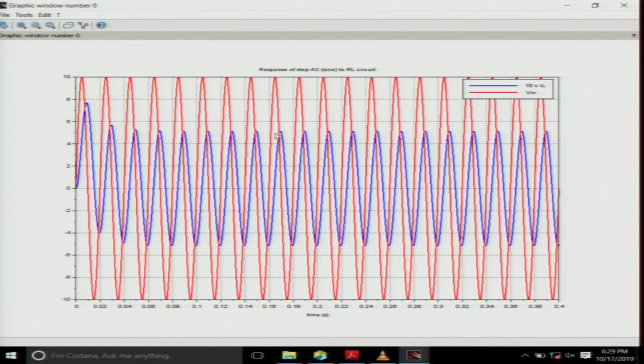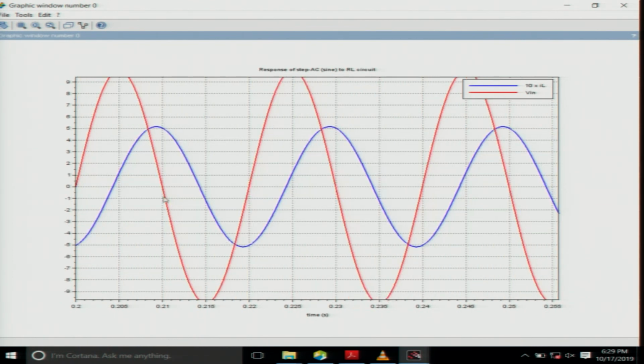Now, we did not note down what the lag is, but can we do that roughly? Can we just find out how much this lag is? Not exactly, but at least have a mental picture of it. If you look at this, the phase shift is roughly 0.005 seconds, that is the time delay.